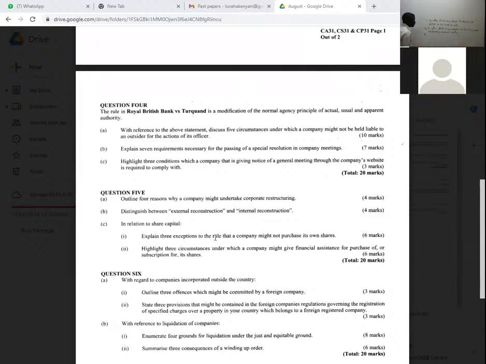Then the notice should be signed by an authorized director or the company secretary.